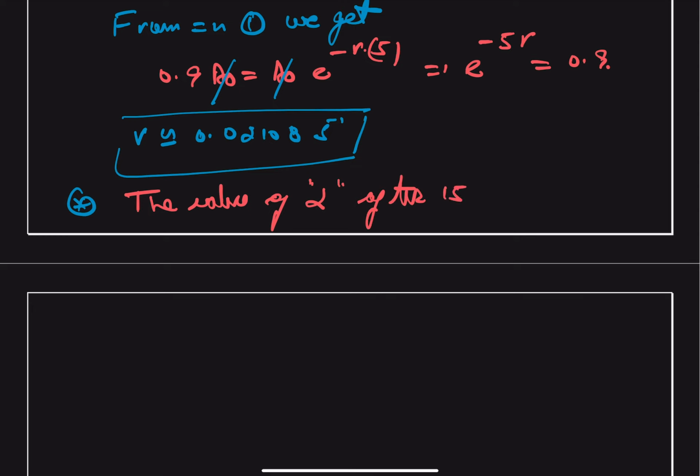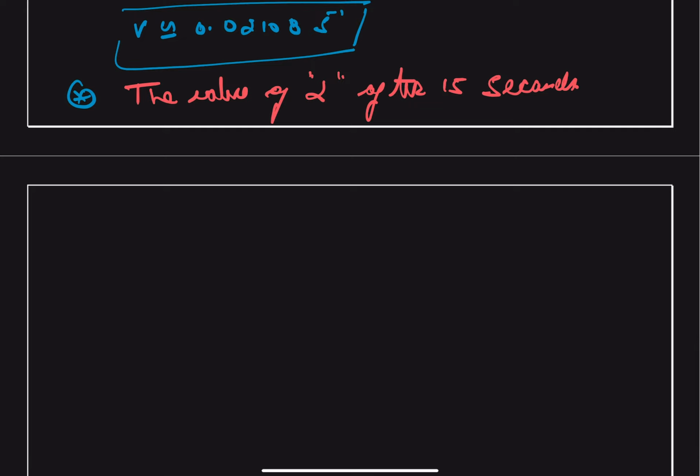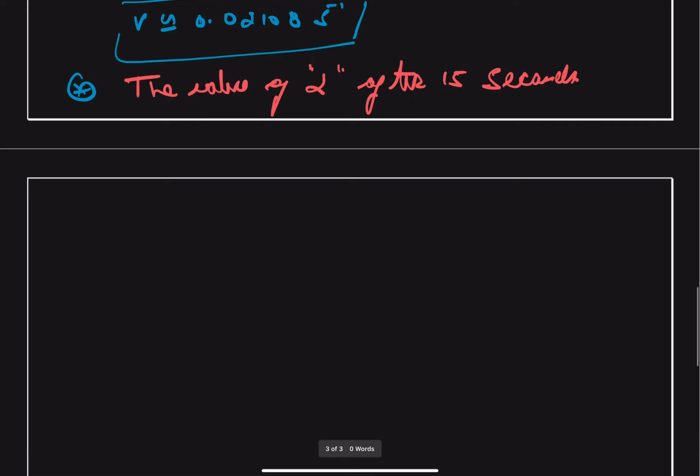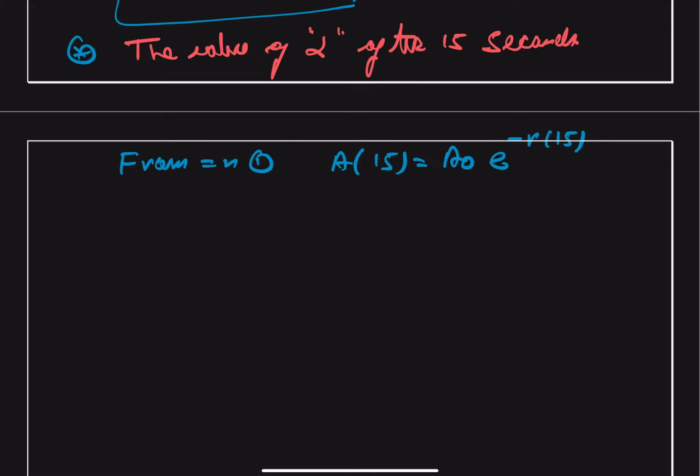So once again, we are going to use equation number 1. From equation 1, we get amplitude at 15 seconds, A of 15, will be equal to A naught e raised to power minus gamma multiplied by 15. And we already found out the value of gamma, so we substitute here.